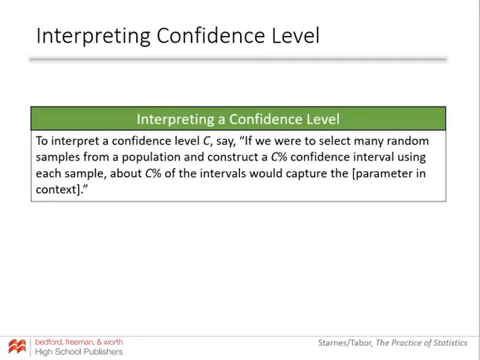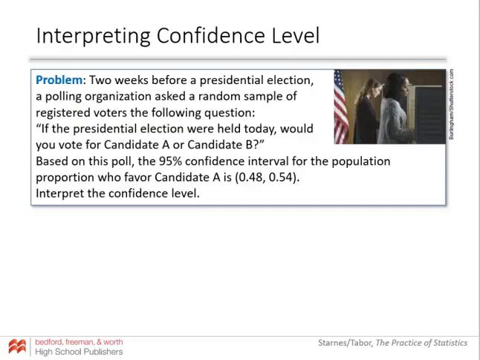Okay. And so when we interpret this, here's the sentence that we're going to use. If we were to select many random samples from a population and construct a 95% confidence interval using each sample, about 95% of the intervals would capture the true proportion of adults who favor candidate A, or whatever our parameter is. All right.